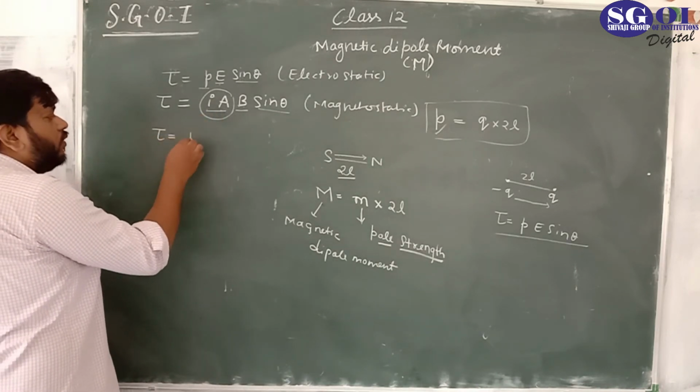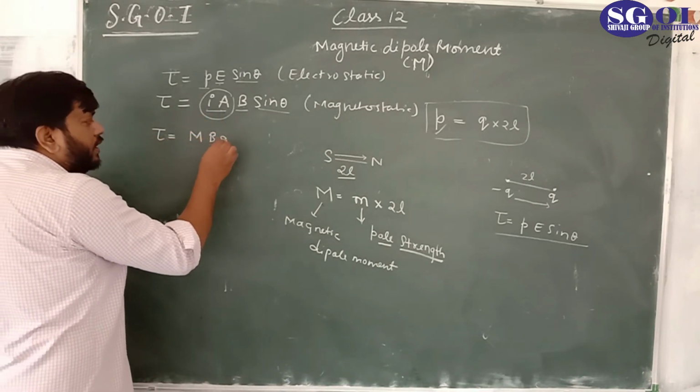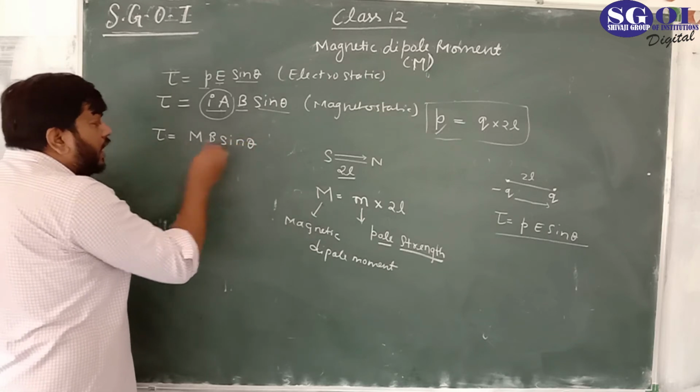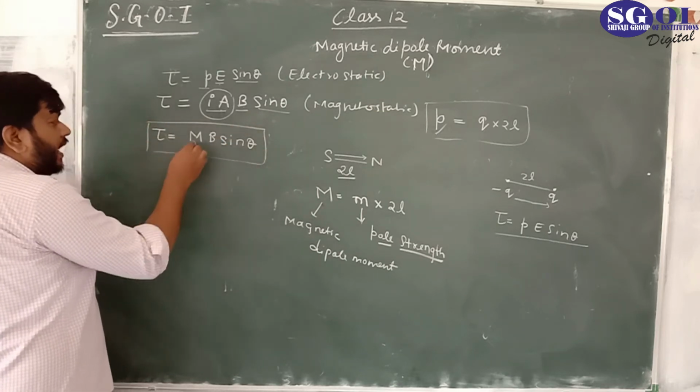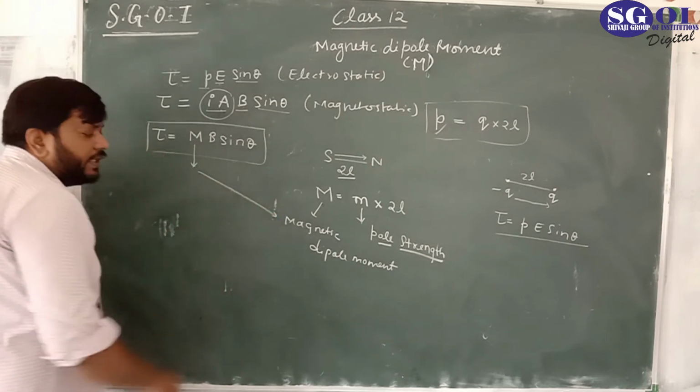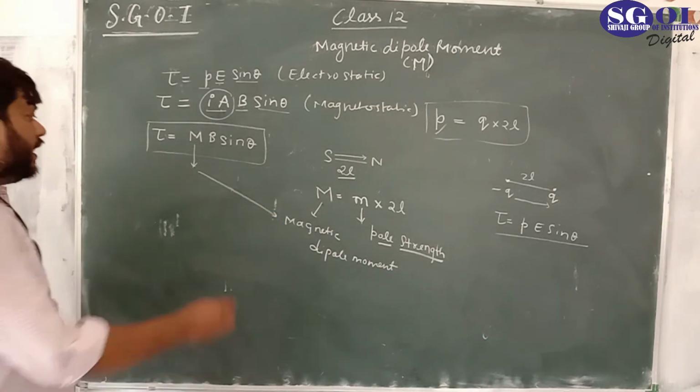So we can say tau equal to m B sin theta also, where m is the magnetic dipole moment, and m is what?